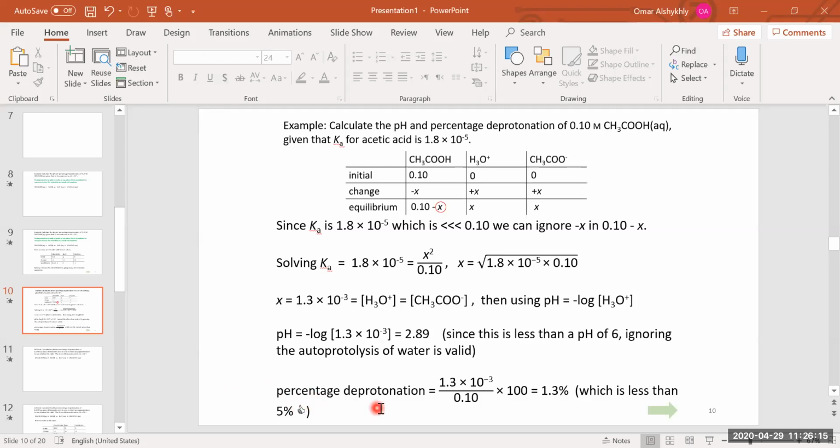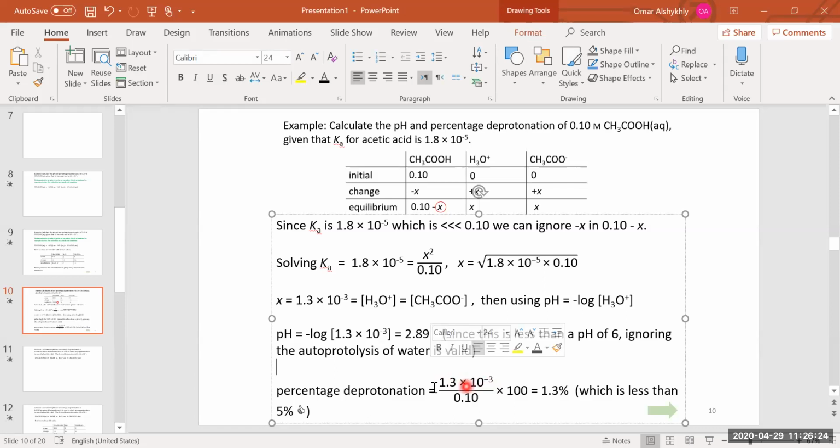Now, percentage deprotonation will be the amount of x here, which is the H+, divided by the initial concentration 0.1, times 100, giving you 1.3%, which is less than 5%.